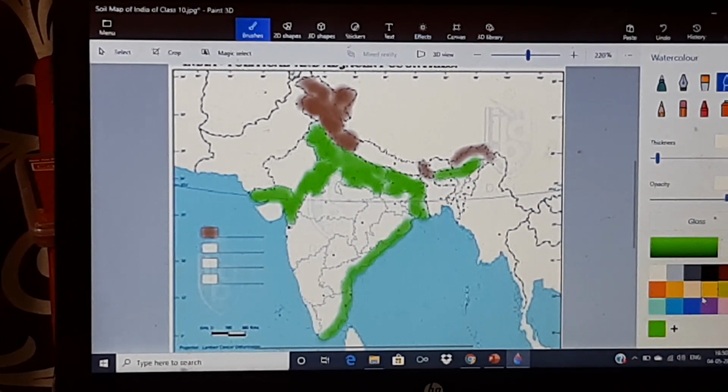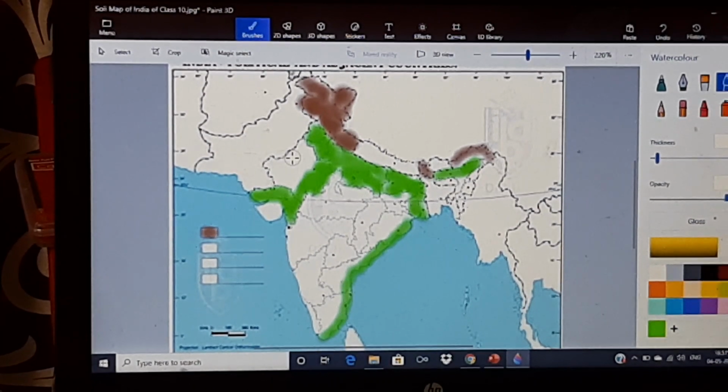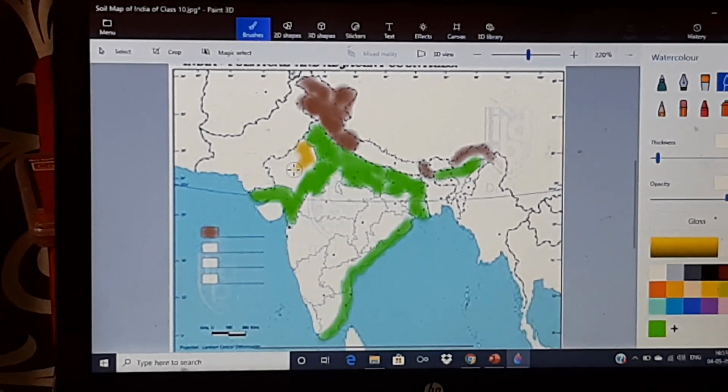Now I'm going to move for the desert soil. Now Rajasthan part is there entirely, that is the northwestern Rajasthan, where we are having the desert soil.